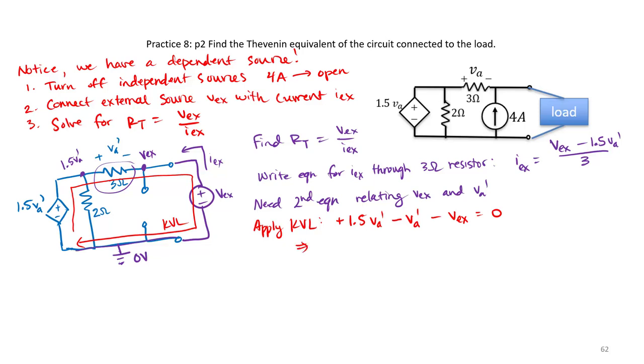So if I combine terms, I see that 0.5 VA prime minus VEX must be 0. So VA prime must actually equal 2 VEX.